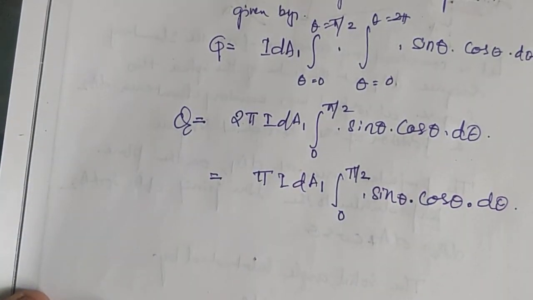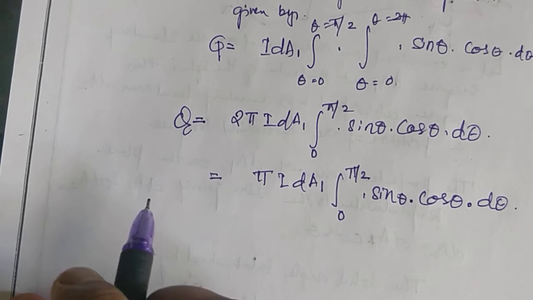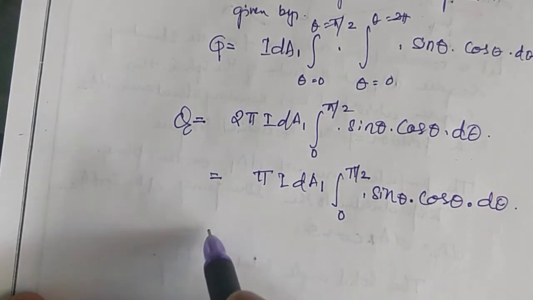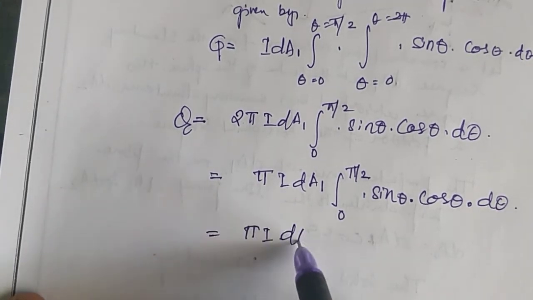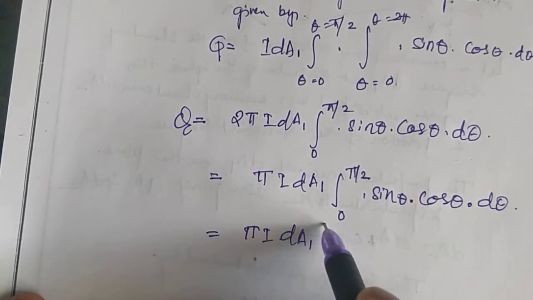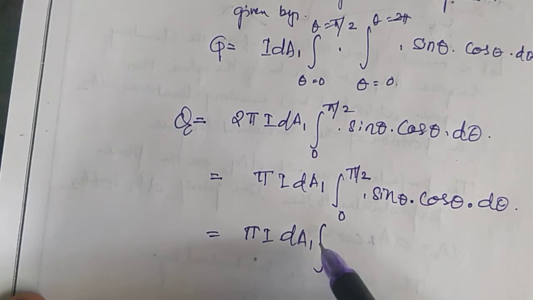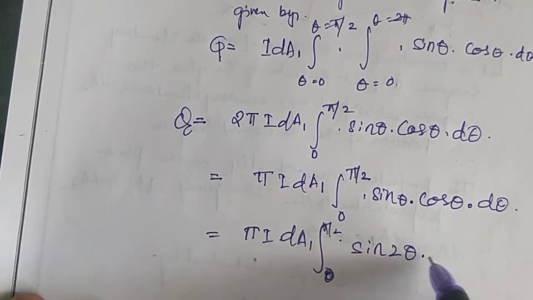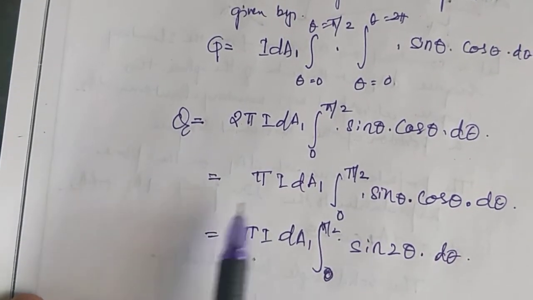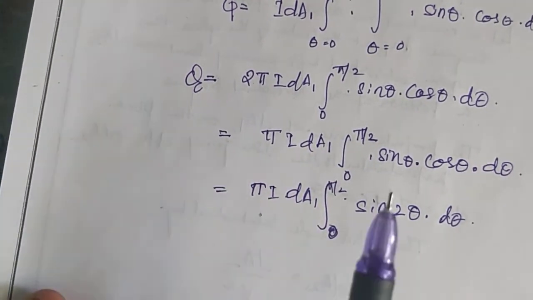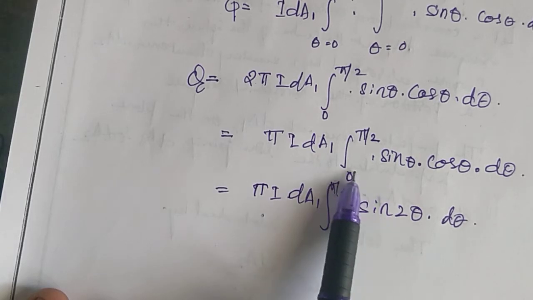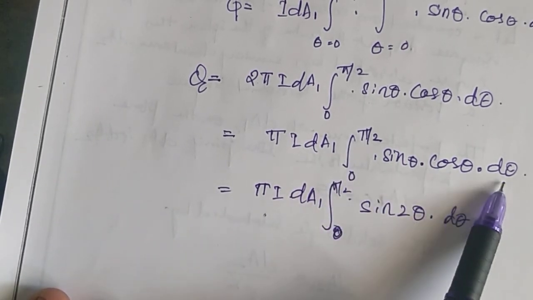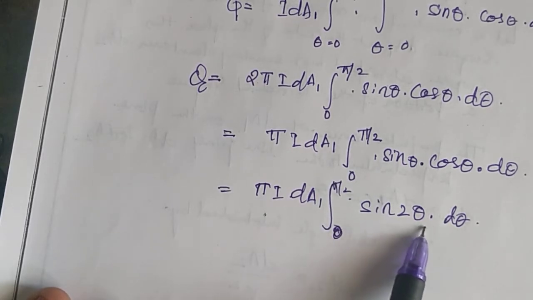Further you can write pi I dA1 integration from 0 to pi by 2 of sin 2 theta d theta, because the standard term, integration from 0 to pi by 2 of sin theta cos theta d theta, we can write as integration of sin 2 theta d theta.